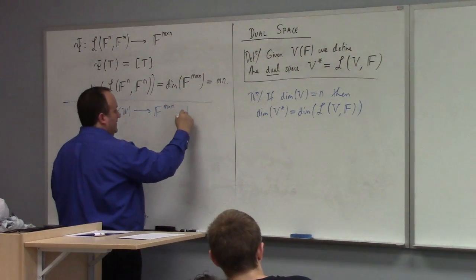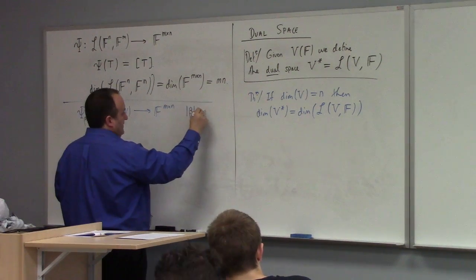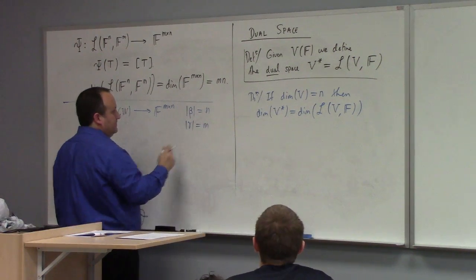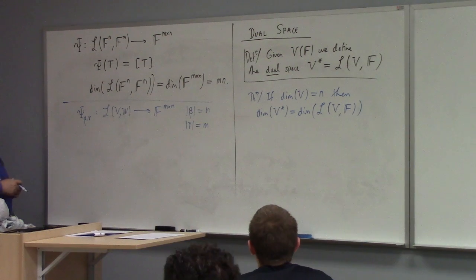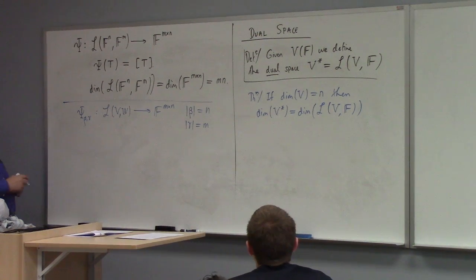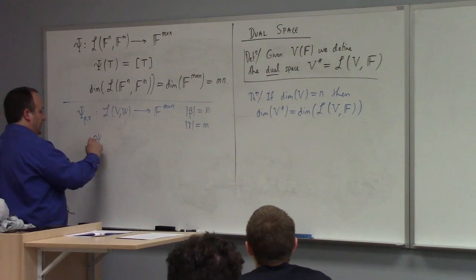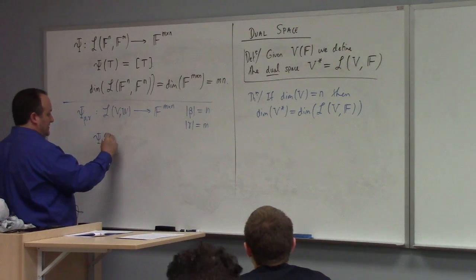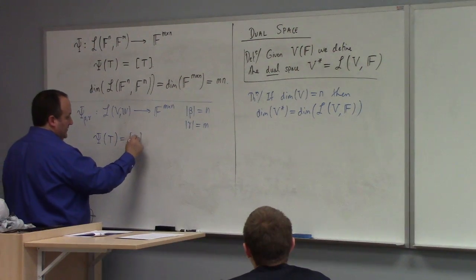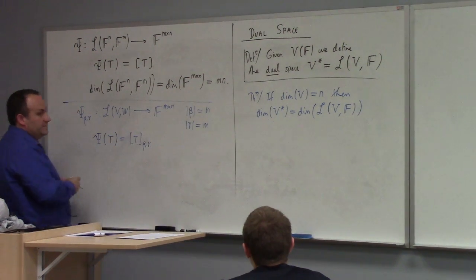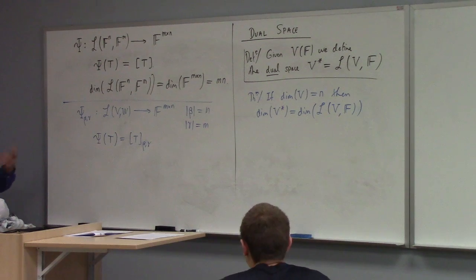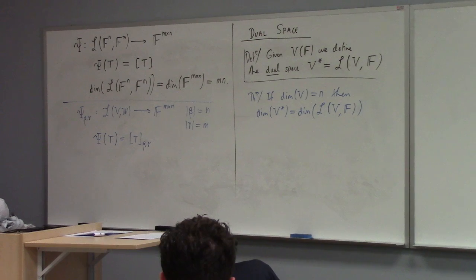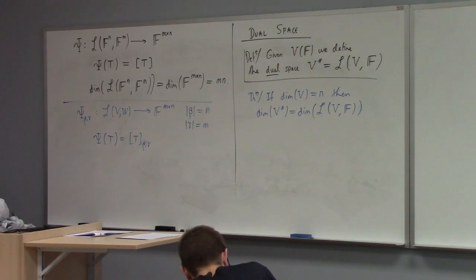Supposing, of course, that the cardinality of beta is n, the cardinality of gamma is m, and those are respectively bases for V and W. And then my isomorphism for a linear transformation on these abstract vector spaces, well, guess what? It's the matrix of the linear transformation. And again, you can prove that that's a linear bijection.